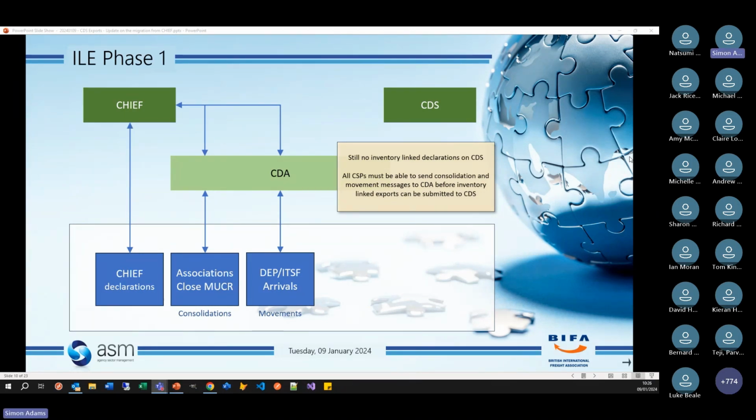They could start sending those messages to CDA, which would then just pass them on to Chief and then pass the responses back. At this point, Chief is still the controller, if you like, of the export movement, but CDA is being used as a way of passing the consolidation and movement messages backwards and forwards. So there's still no inventory linked export declarations on CDS.